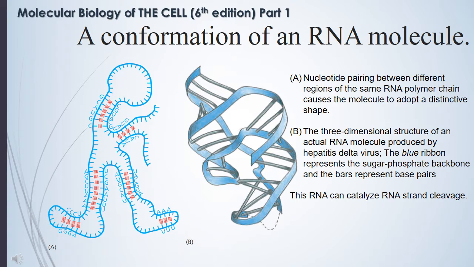This three-dimensional structure in figure B is represented with the backbone being the blue ribbon, and the bonds between nucleotides depicted as bars. This particular RNA can catalyze RNA strand cleavage.